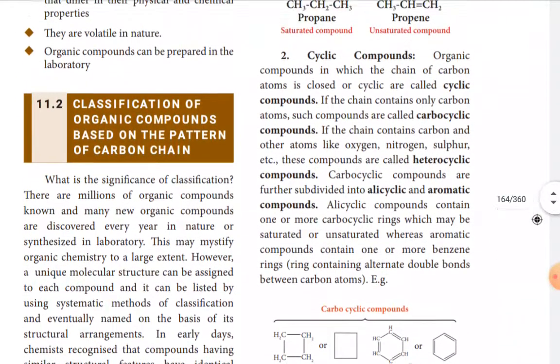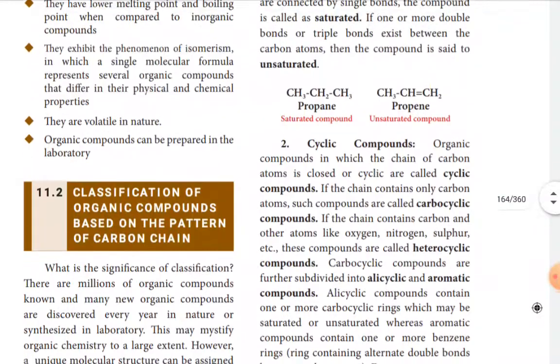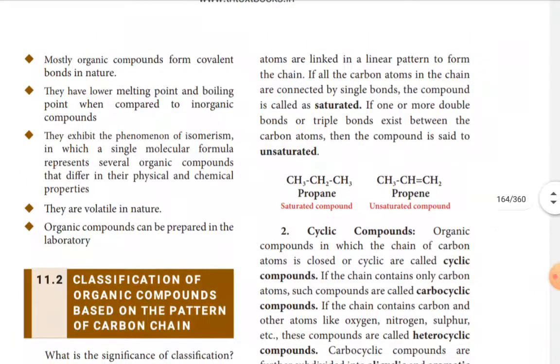The open chain compounds are further classified into saturated and unsaturated. Saturated means carbon-carbon single bond. Unsaturated means carbon-carbon double bond or triple bond.